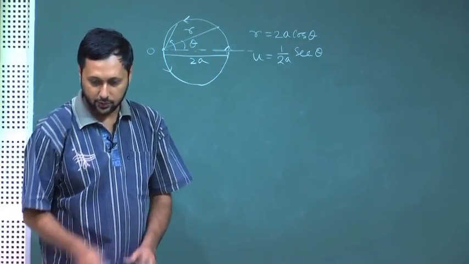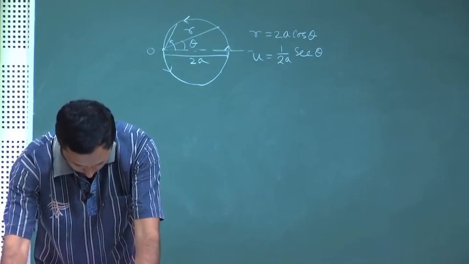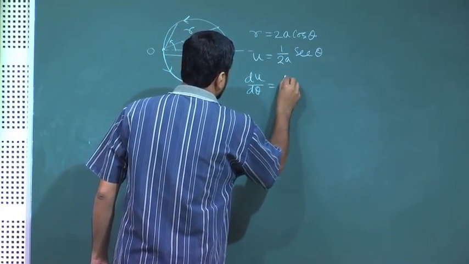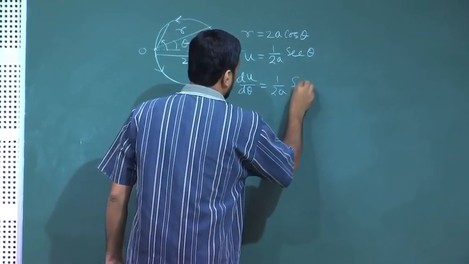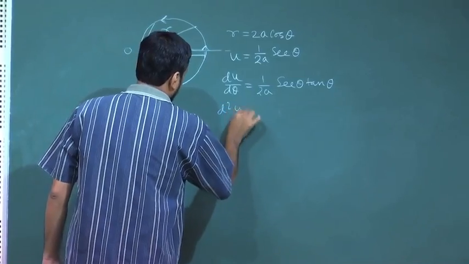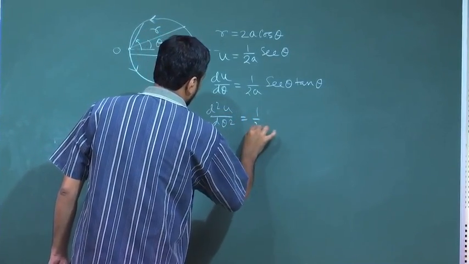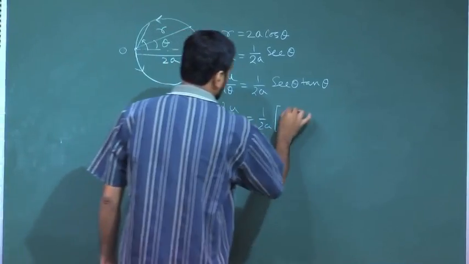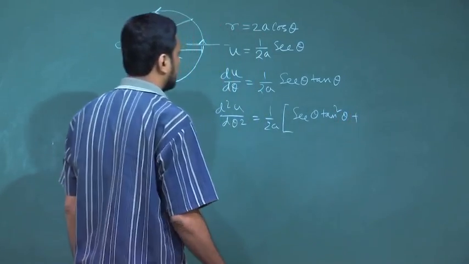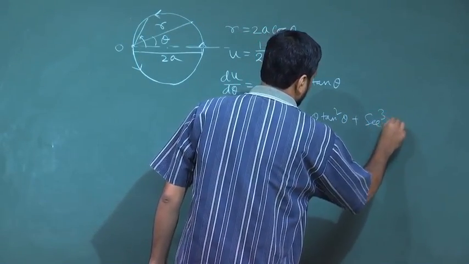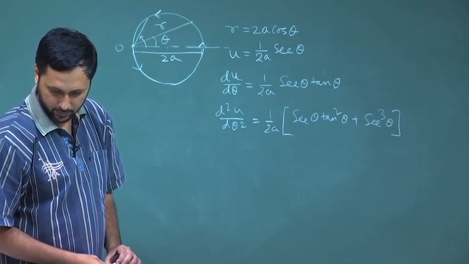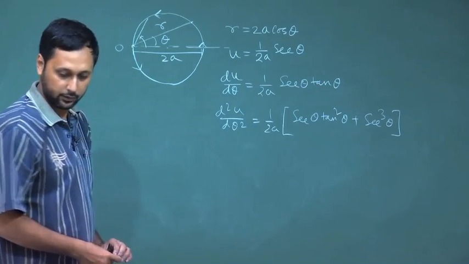From here, if we go on with our calculation, we have to calculate the first derivative, du d theta is equal to 1 by 2a sec theta tan theta, d2u d theta 2 is equal to 1 by 2a sec theta tan square theta plus sec cube theta, right.